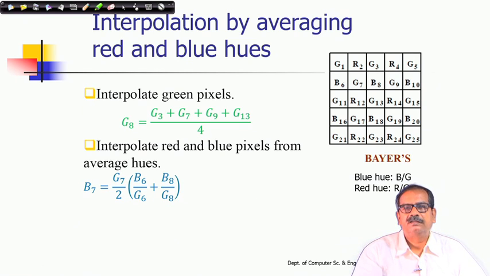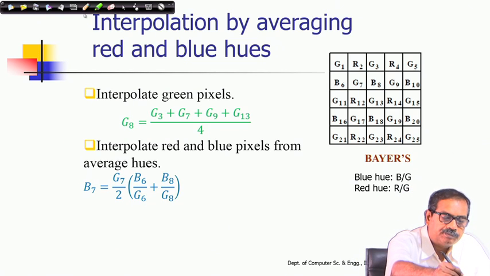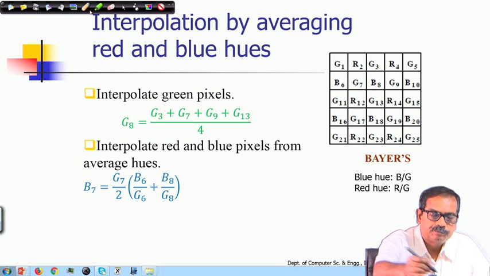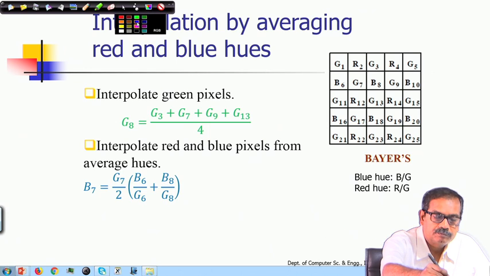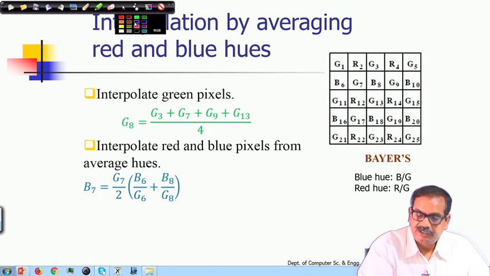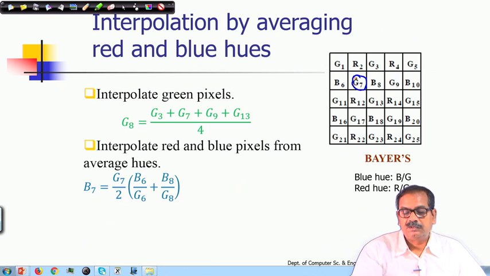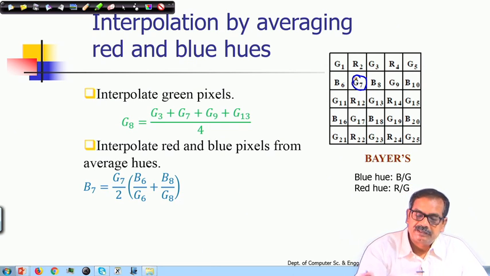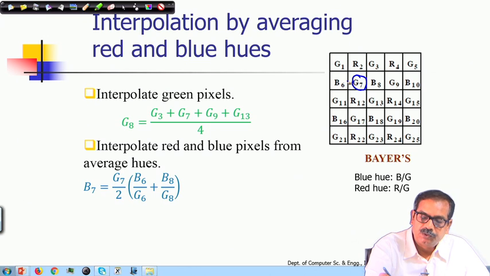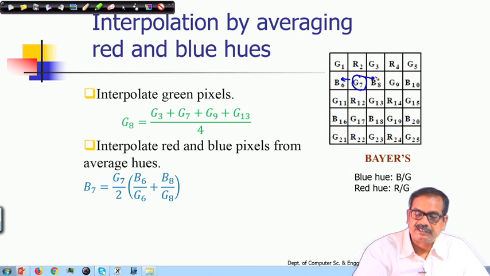We will be considering interpolation of blue pixels in this case. As you can see here, this is the location where you are interpolating. In this location you have the green sample available, and it is a blue row. So, at its left and right neighbors the true blue samples are available.